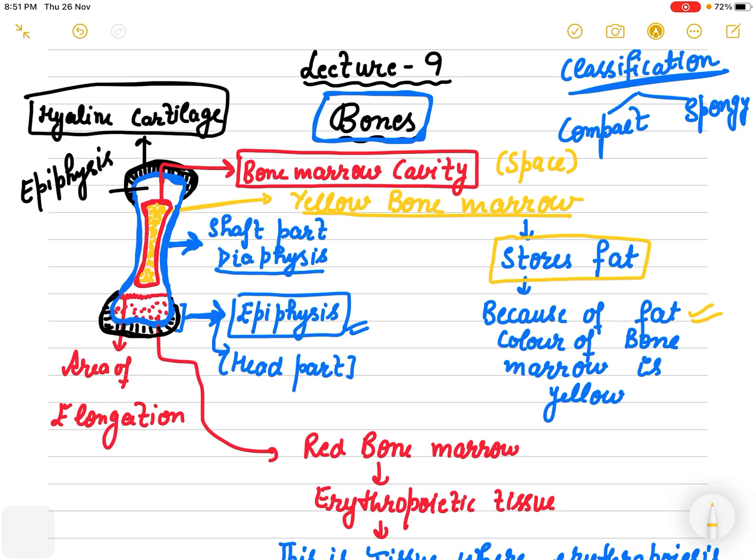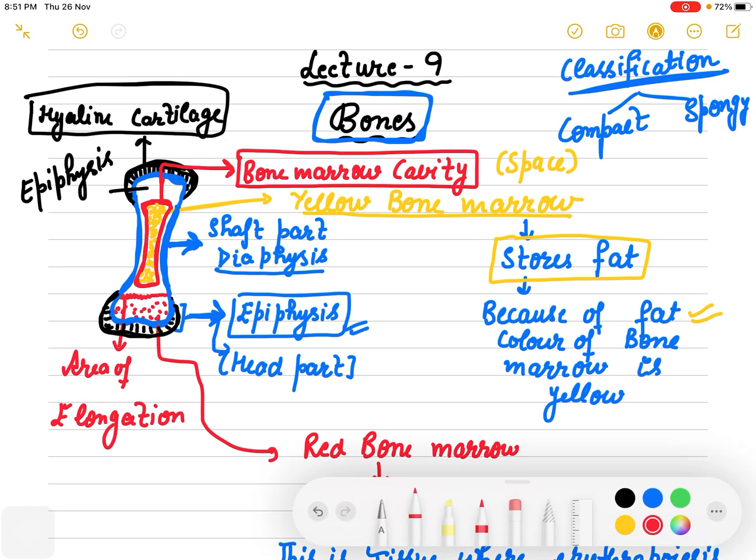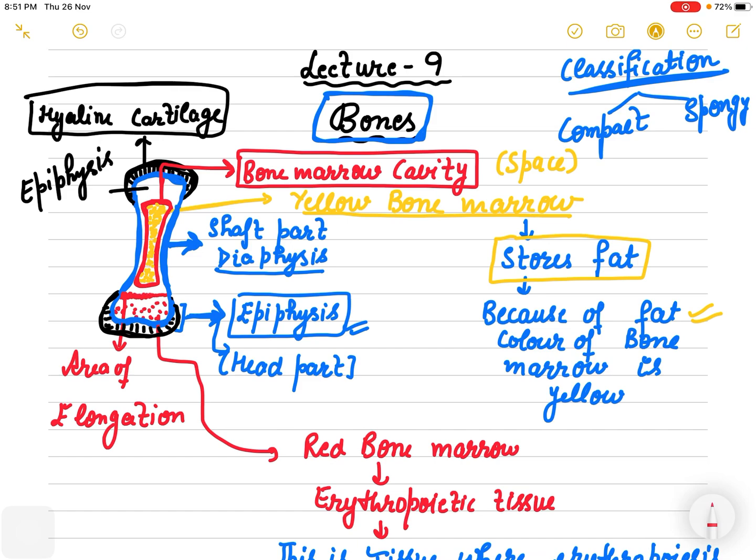Now as you can see, there is a curved portion a little bit above the epiphysis that I have drawn here. This is called the area of elongation, or you can say growth, where bone growth happens. Then the epiphysis space is filled, the diaphysis space is filled with that bone marrow, and the epiphysis is also having this space, right?